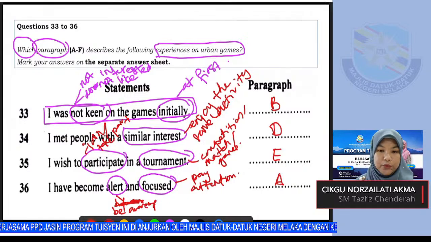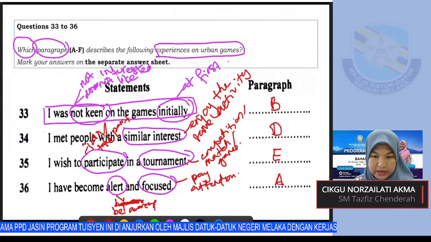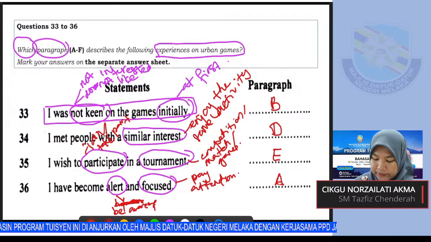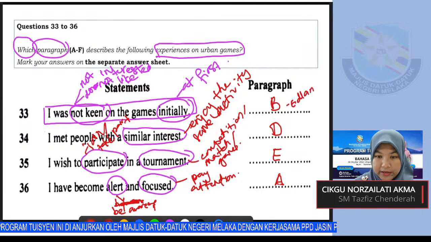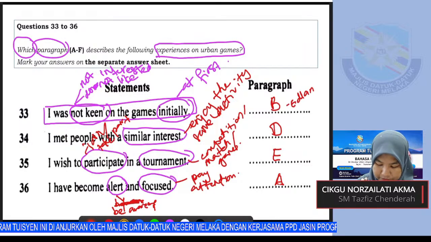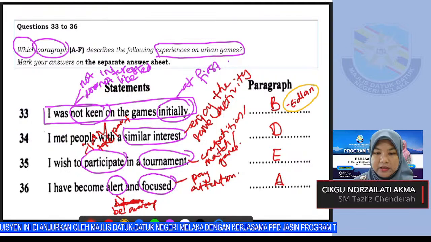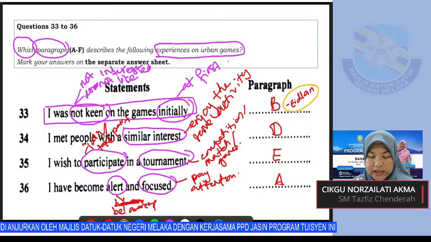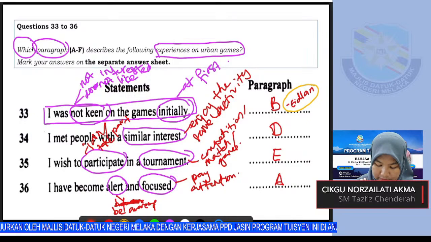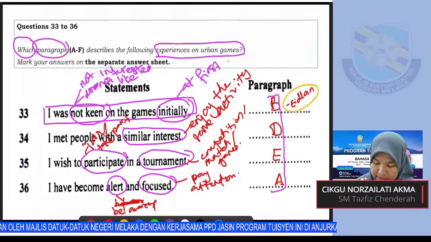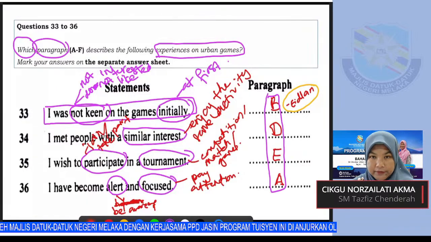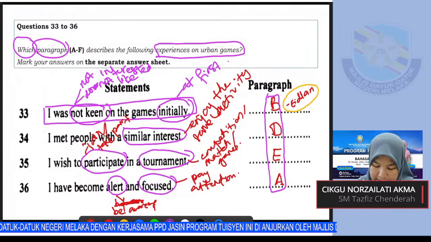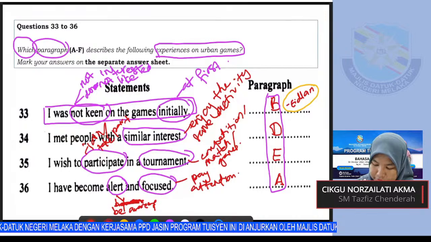So for question 33, the answer is B. It is Idlan. You do not need to write the name. This is just me trying to make things clear for you. In the exam, you only need to write B, D, E, A. It shows the paragraph, not mentioning the person.